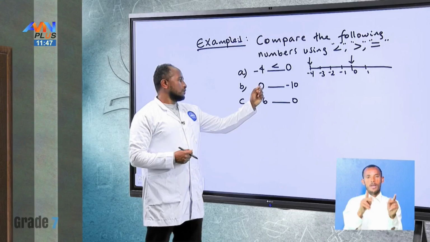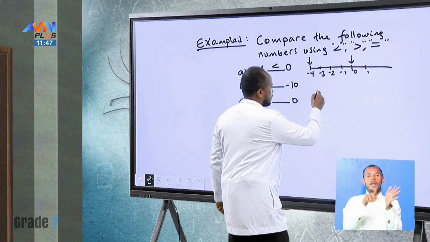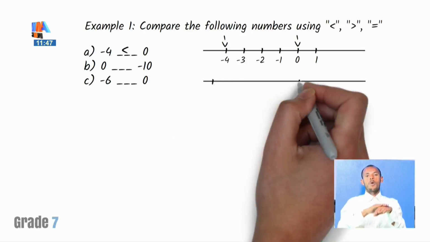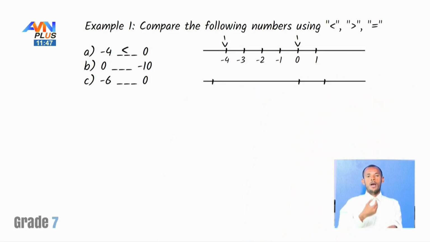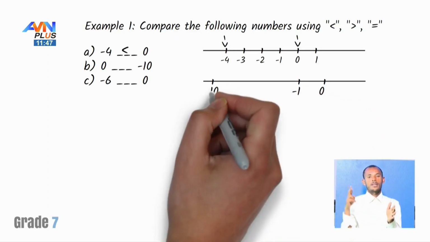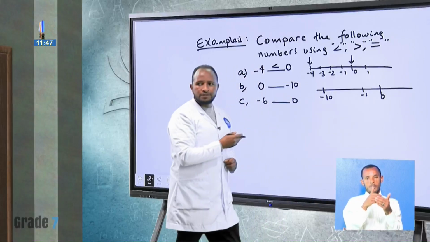Okay. Let's compare 0 with -10. Let's locate the numbers on the number line. So you have 0 here. The numbers to the left of 0 are negative. So here -1, -2, -3, and so on. You'll arrive at some point -10 to the left.